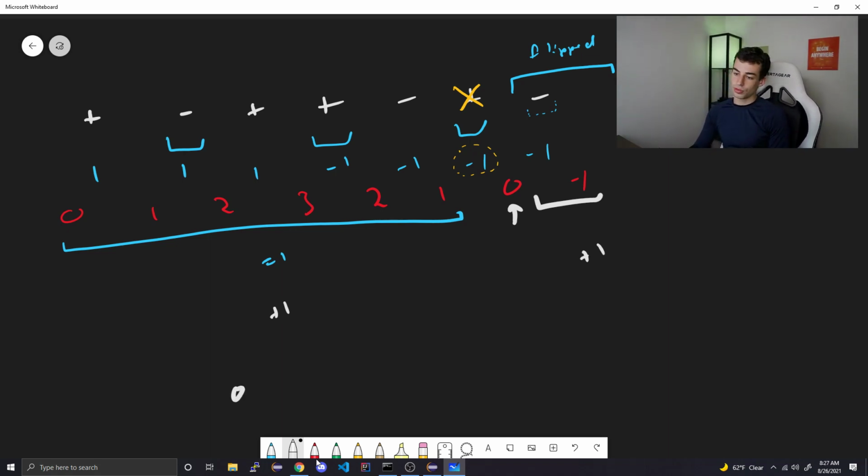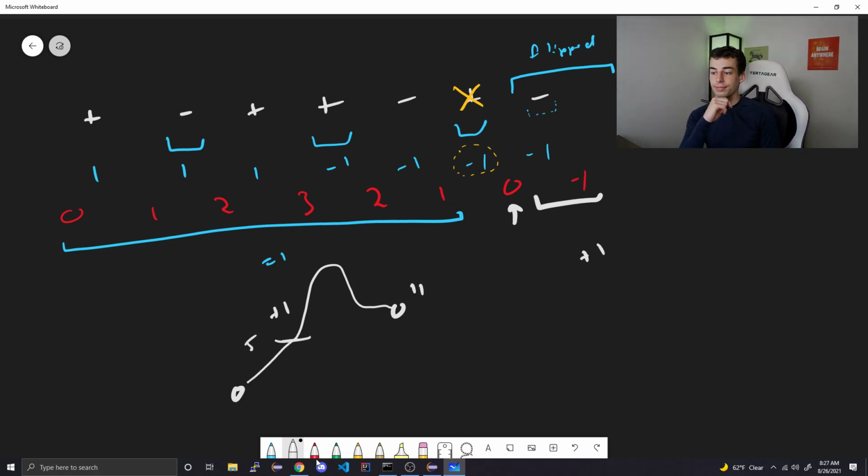Because if your sum goes from 0 to like 11, and it changes by 1 each step, it has to hit 5 somewhere. Okay, so the question is, how do we find that, at least somewhat quickly?